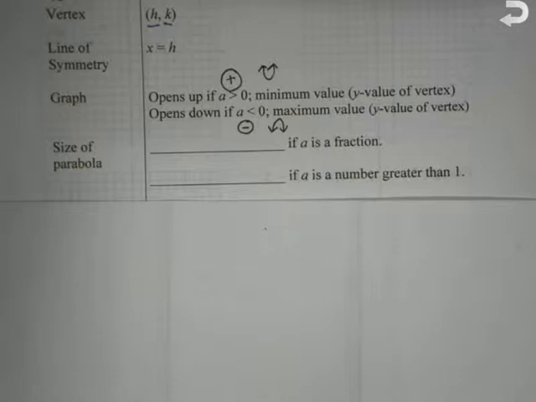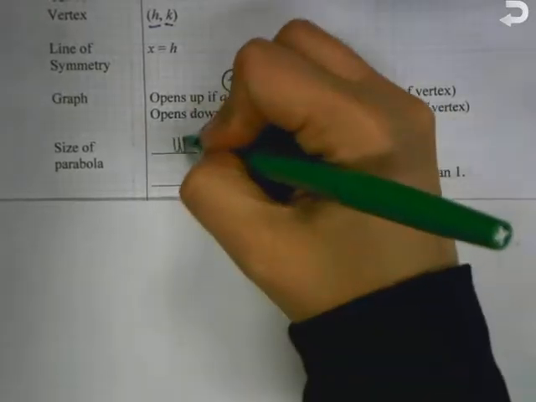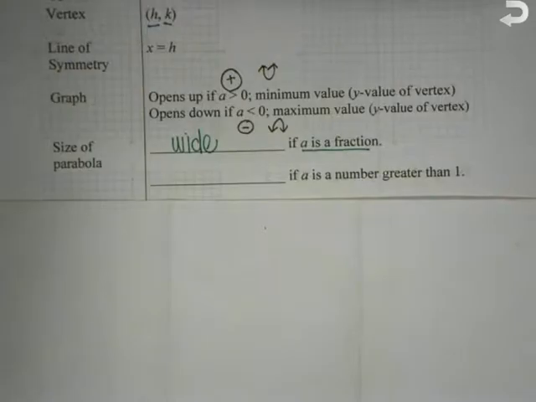Okay, so if our a is a fraction, our parabola is going to be wide, because a is actually the slope of the parabola. It tells us about the slope, and a fraction means that the slope is growing slowly.